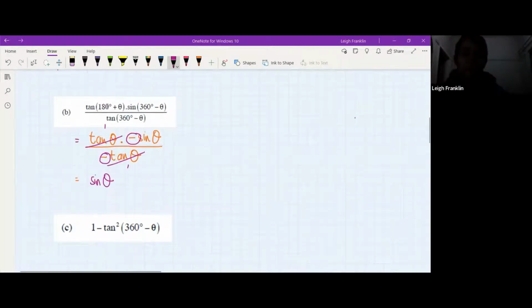Where we see sine 360 minus theta, we have to write minus sine theta. Or if we see tan 360 minus theta, we have to write minus tan theta. So when we use a reduction formula, we have to write what we get. That's one of the rules in trig.